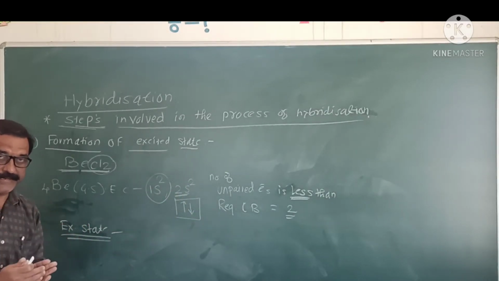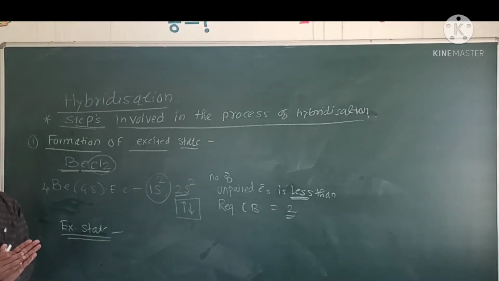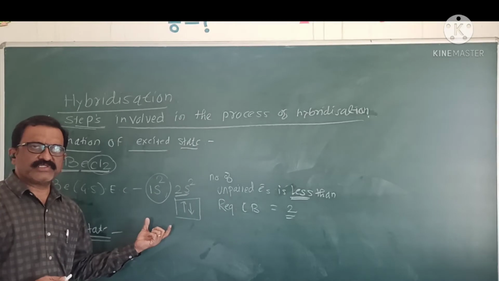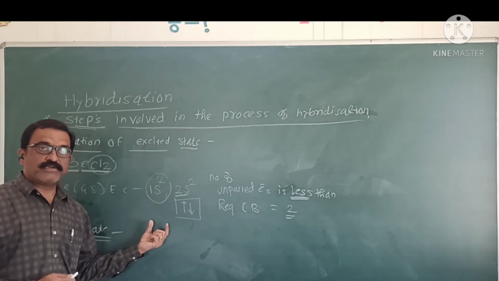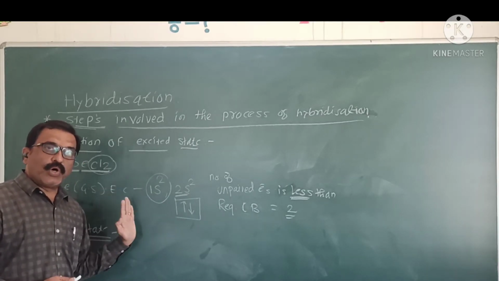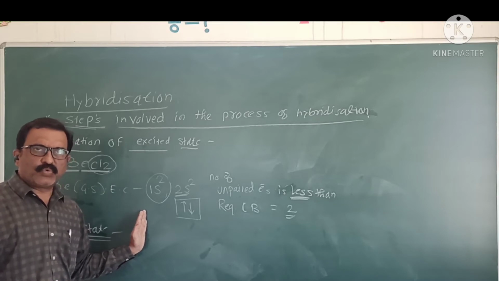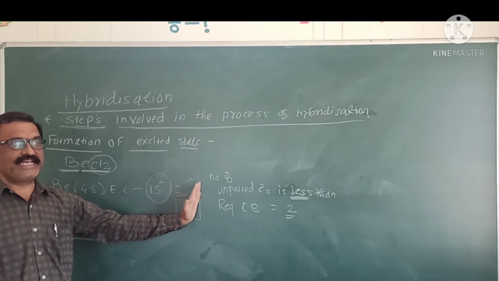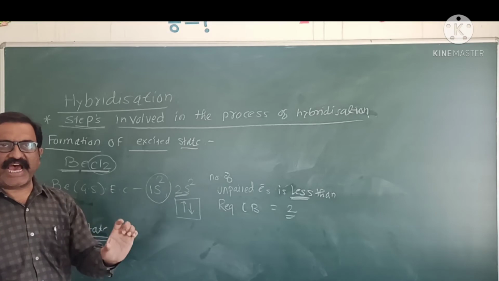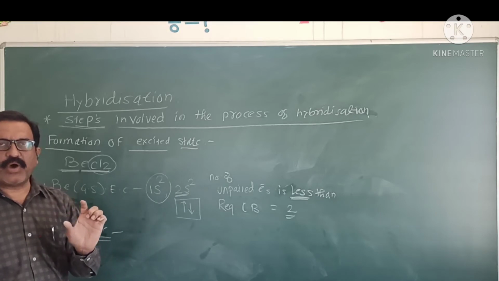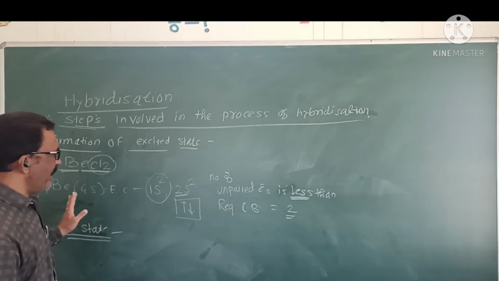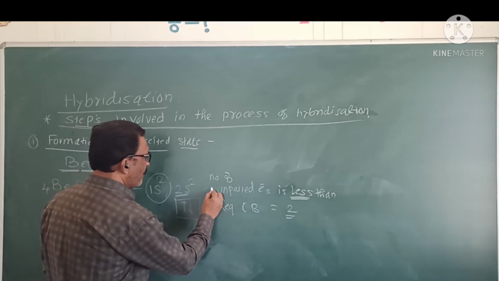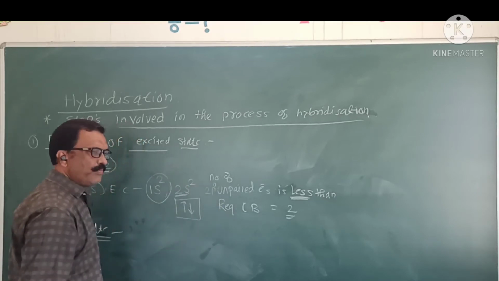What is happening during excitation? During excitation, one or more paired electrons move from a lower energy level to a higher energy level which has a vacant orbital. In beryllium, the 2p orbital is vacant.